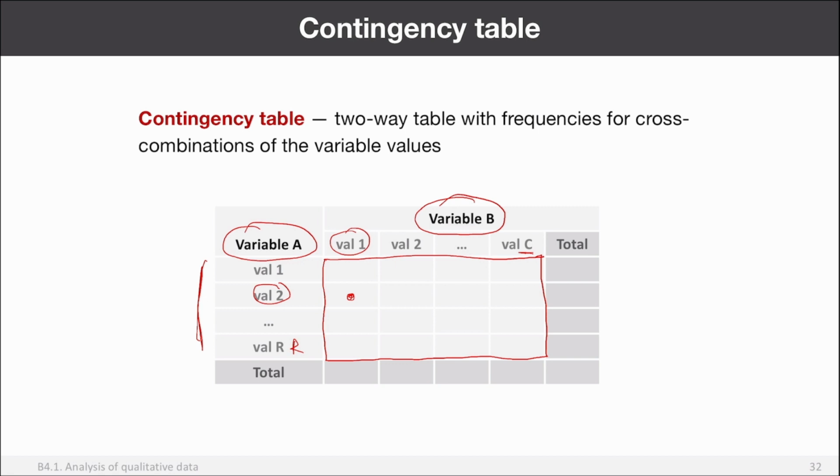Strictly speaking, these are all observed combinations of the categories of the two variables. Then, in order to make a contingency table, you simply add a row where you sum up all the columns, and you add a column where you sum up all the rows, and finally here you will have n. This is the total number of observations. So that's what a contingency table is.